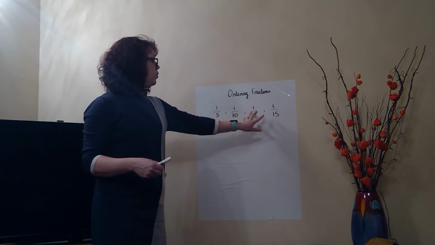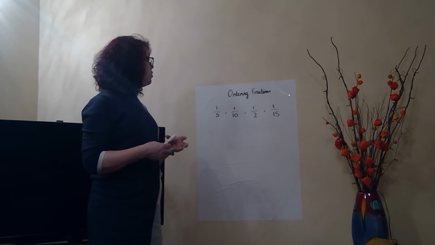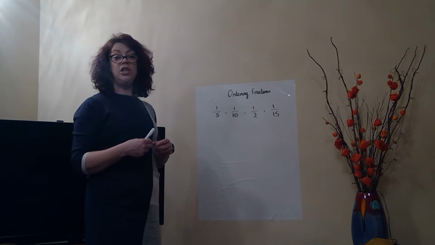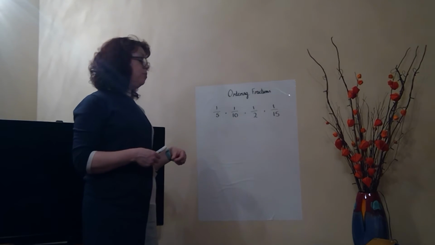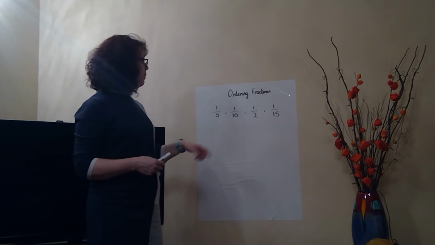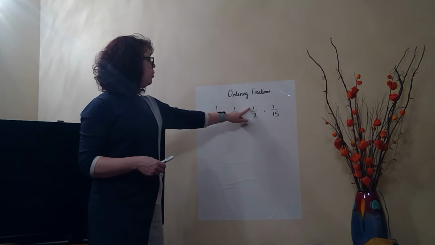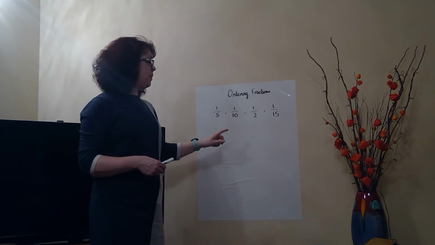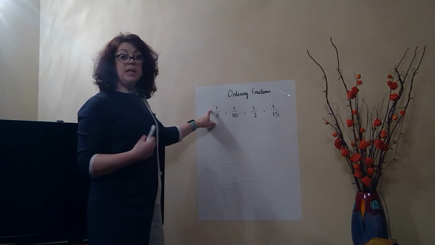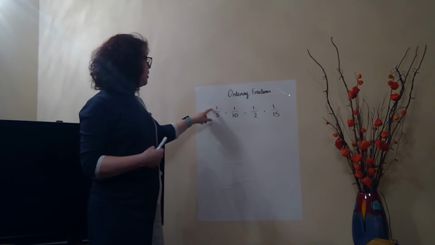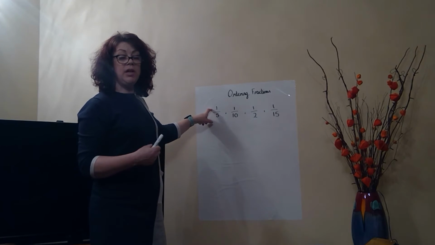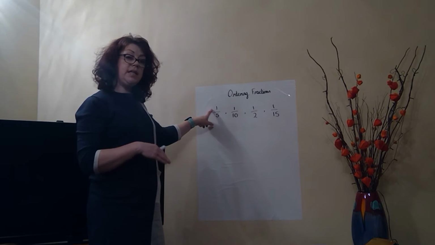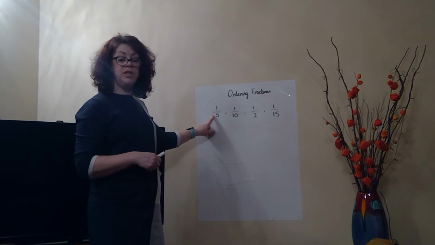So if I want to order these, I don't need to work anything out particularly. I can use my understanding of the numerators and the denominators and what that means. I've got one of all of them, so I don't need to worry about my numerators. It could have been the same if I'd had 2 or 3 at the top for my numerator in each of those fractions. I wouldn't need to think about them. I just need to focus on my denominator.